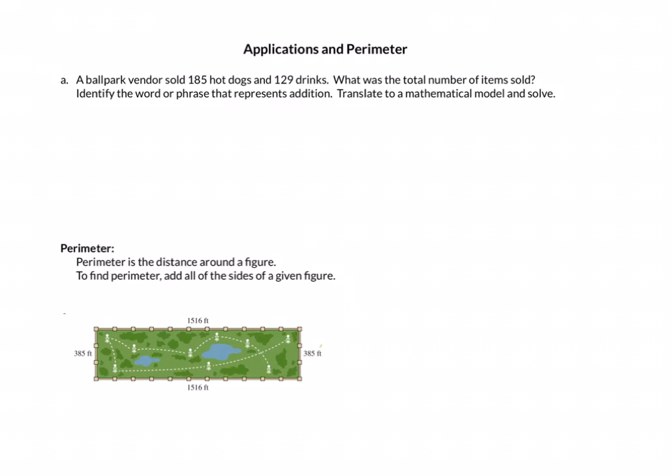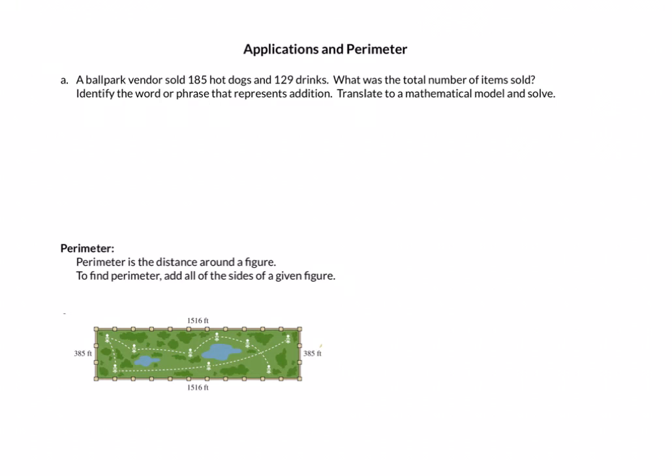So let's look at example A. A ballpark vendor sold 185 hot dogs and 129 drinks. We want to know what was the total number of items sold. So what is the word or phrase that tells us this is an addition problem?